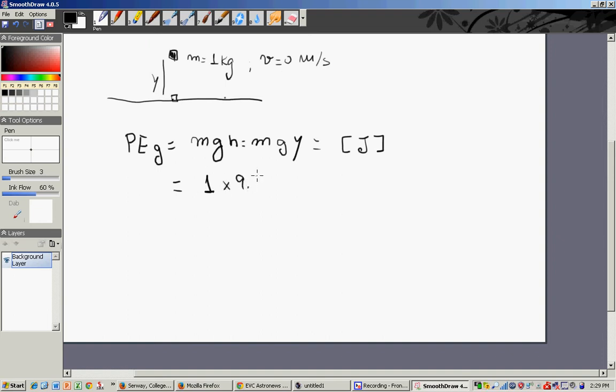So this gravitational potential energy would be 1 times 9.8 times, for a height of 10 meters, times 10, 9.8 joules.